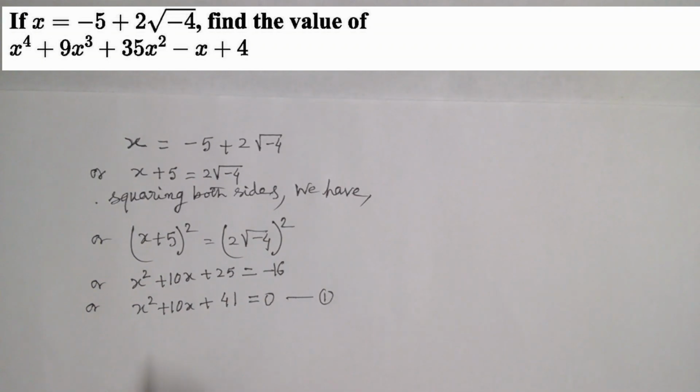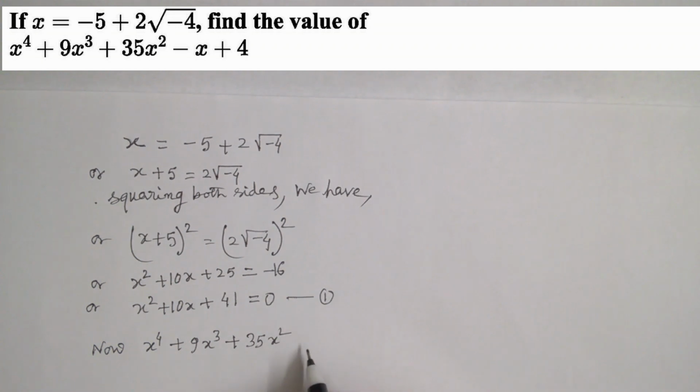Now write the given expression which is to be found out: x to the power 4 plus 9x cube plus 35x square minus x plus 4, writing equal to.